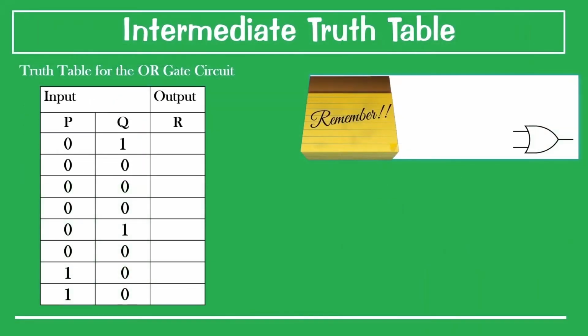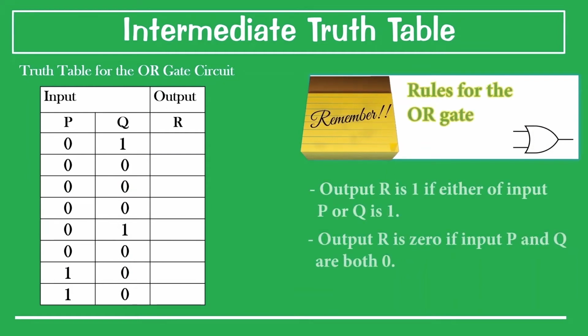Now, we are going to produce an intermediate truth table using the logic function of the OR gate. R is positive, which is 1, if either input P or Q is positive, which is 1.